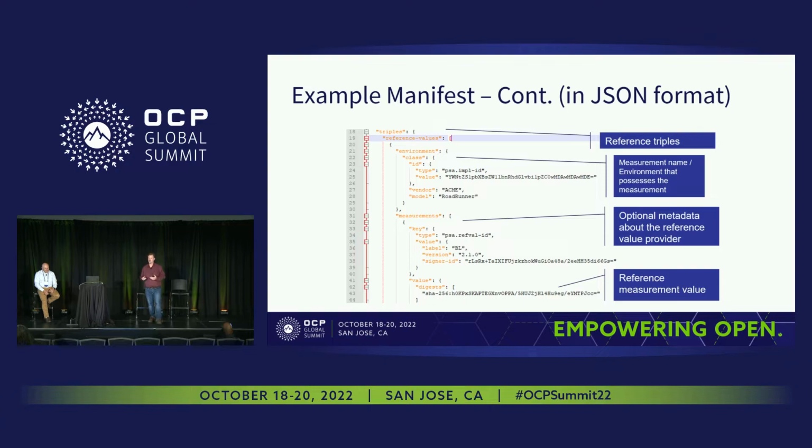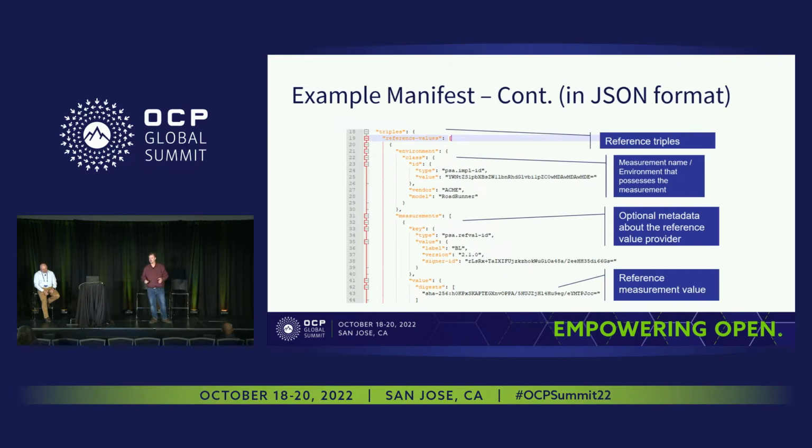And then the other part of the manifest, which is really the heart of it, are the triples. And so these can be reference triples or evidence triples. And these will contain some sort of identifier for the environment that took the measurement, and then various metadata about the provider, and then the reference measurement itself.